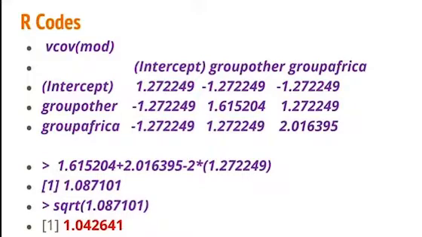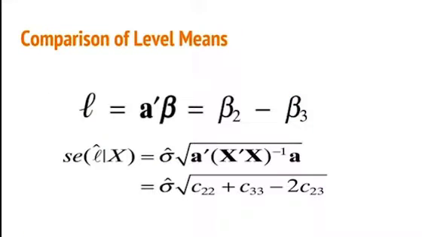Now from that, I want to get this here. The 1.651, don't forget, is where group order meets group order, which is C22. You remember here? C22, right?